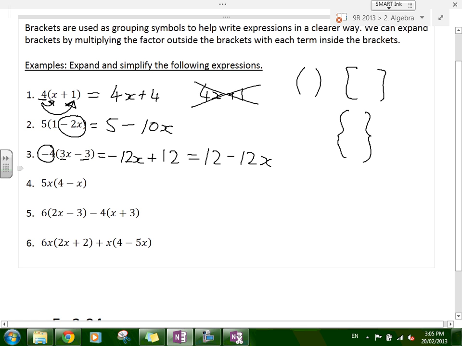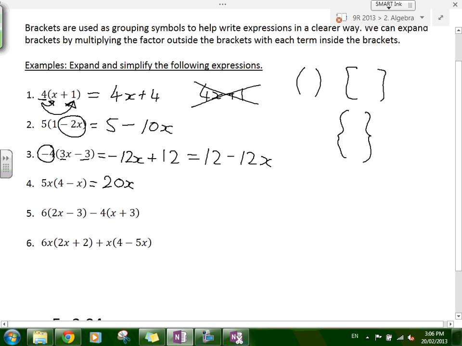Next one. 5x, 4 minus x. Eleanor. There's nothing above us. No. Okay? Brock, what's this one? 20x.